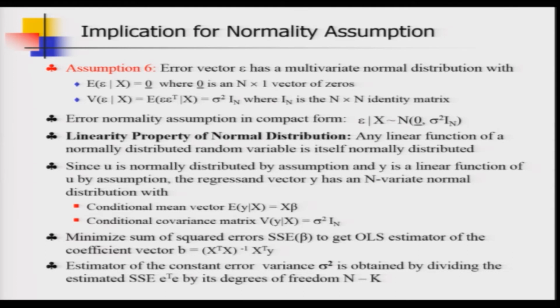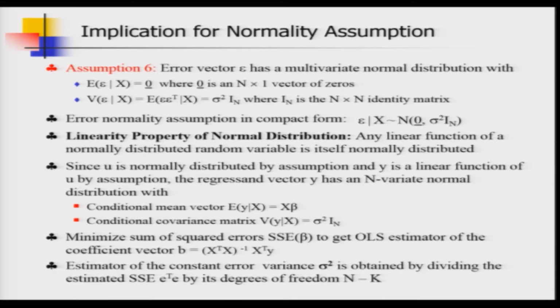So, if you remember your matrix algebra lessons from school or college, then you can actually have a picture in front of your eyes now. I n is the identity matrix where the diagonal elements are all ones and the off diagonal elements are all 0. So, you just have to multiply a constant sigma square in front of that I n matrix, and that will give you the variance matrix for the epsilon.